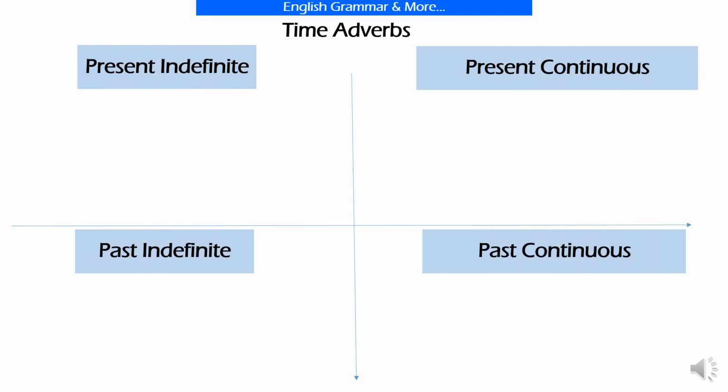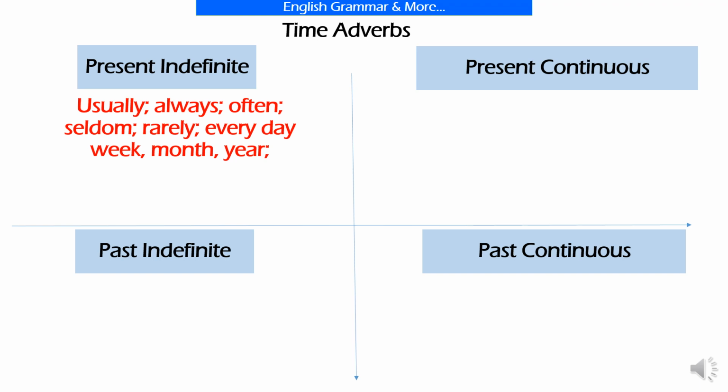On this slide, let's learn of the time adverbs that are indicative of each tense form. The time adverbs such as usually, always, often, seldom, rarely, every day, every week, every month, every year refer to the present indefinite tense form. For example, I always cook at home.